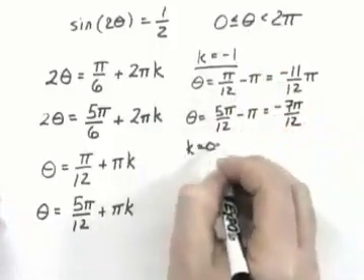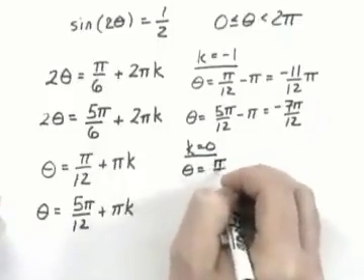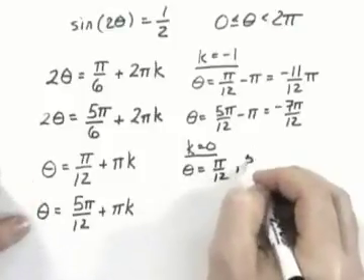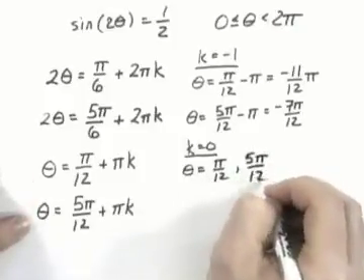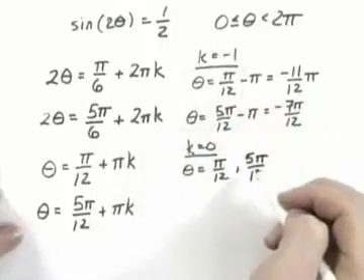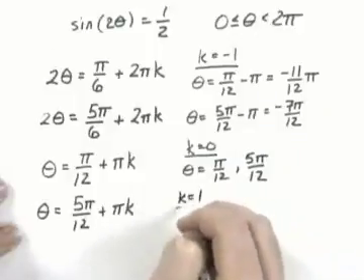How about for k is 0? Well, for k is 0, I'm going to get theta as pi over 12 in this case, and I would get theta as 5 pi over 12 in the second case. Those are in this interval, so these are two of my solutions. How about for k is 1?